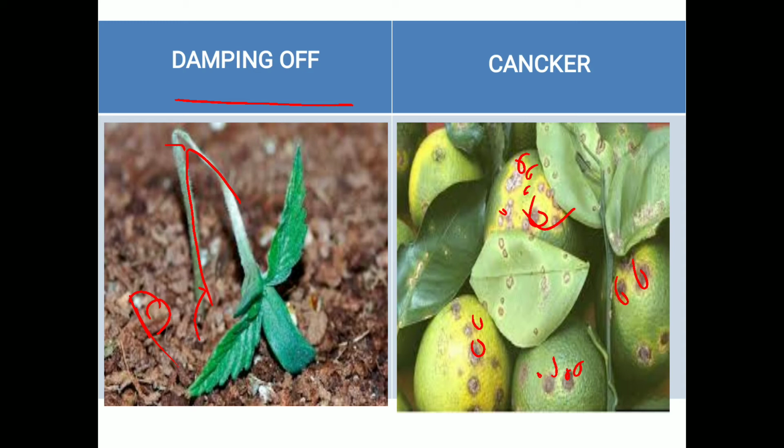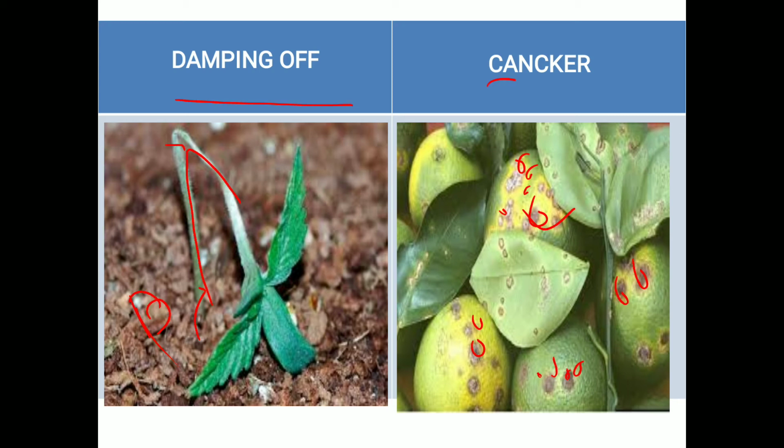In such crops, damping off disease is observed due to the infection of a soil-borne pathogen, Pythium aphanidermatum, or due to the fungus Pythium. So for control of damping off, first of all we fumigate the soil with formaldehyde at a rate of 4%.